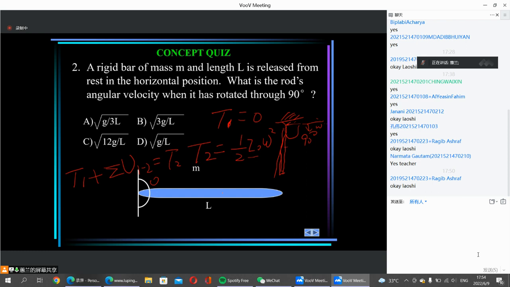And the work by the weight will equal W times the displacement of its gravity center, which is L/2. So we will have T1 plus W times L/2 equal to T2, and T2 is equal to 1/2 I_O omega squared. How about I_O? Remember I_O is equal to 1/3 m L squared.